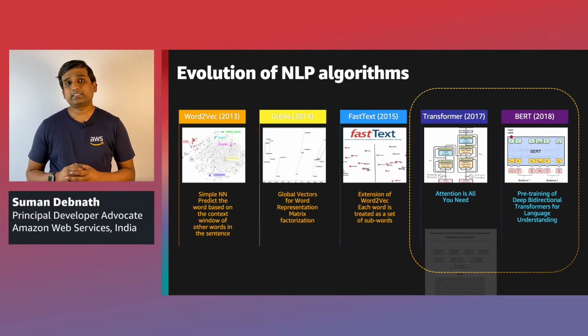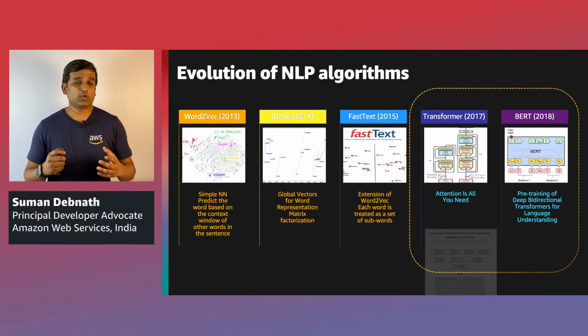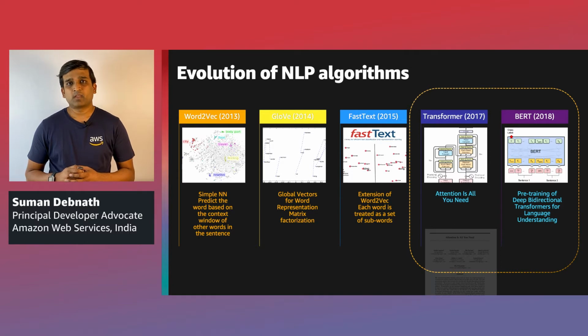If we look at the history of NLP, we already know many popular word vector models like word2vec, GloVe, and fastText. But the major breakthrough happened in the last couple of years. In December 2017, a paper got released called Attention Is All You Need, which changed the whole dynamics of NLP. And hence, the transformer was born.